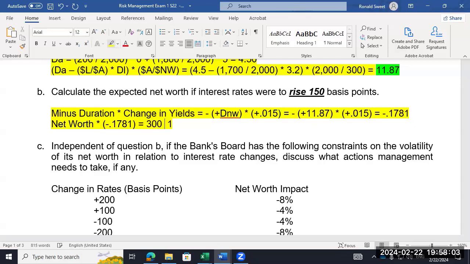That is 300 times minus 0.1781. What is that? Anybody calculate that? 246. That's too much. Oh, you're giving me the actual.